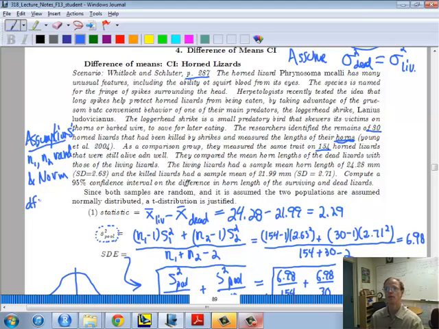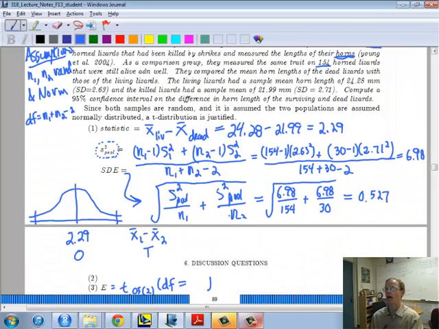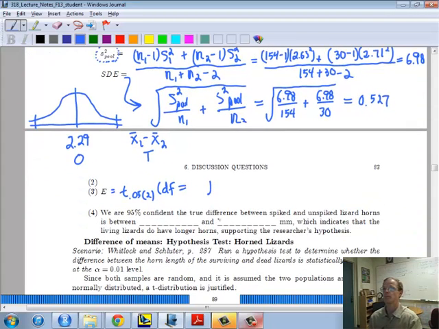The degrees of freedom then is going to be N1 plus N2 minus 2, as you may have guessed from the denominator of the standard error. Okay, so in our case we have 154 plus 30, that's 184 minus 2 is 182.